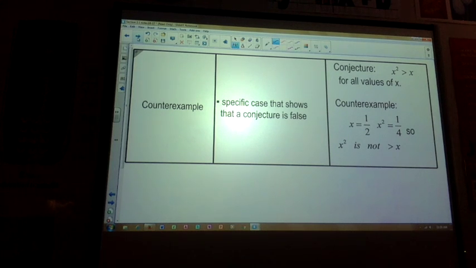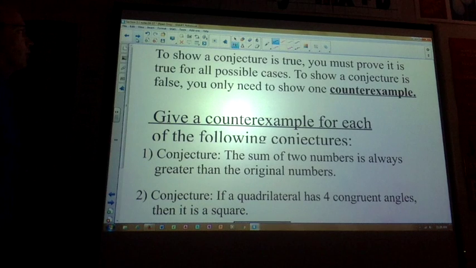Make sense? 1? Well, yeah, 1 wouldn't work. Why wouldn't 1 work? Because 1 is equal to 1, and 1 isn't greater than 1. So x squared is not greater than x in this particular scenario, and in the scenario of values of 1 and less than 1, between 0 and 1, or fractions.